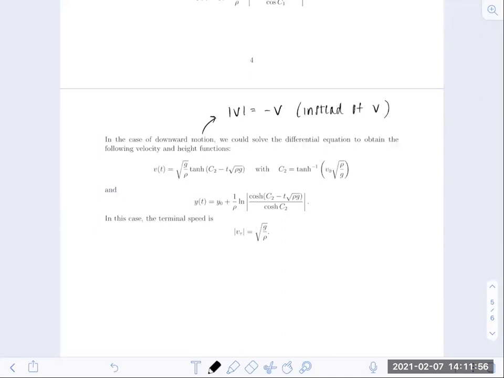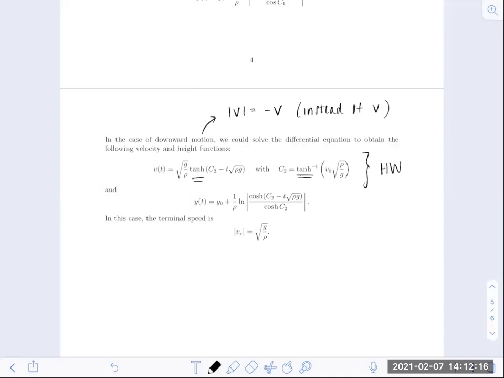And so you guys will have a homework problem that is going to be very similar to what we just did on page 4. So you should definitely refer back to that when working that problem. And again, the main difference here is you're going to get a tanh rather than a tangent. And then similarly, we have our y of t function.